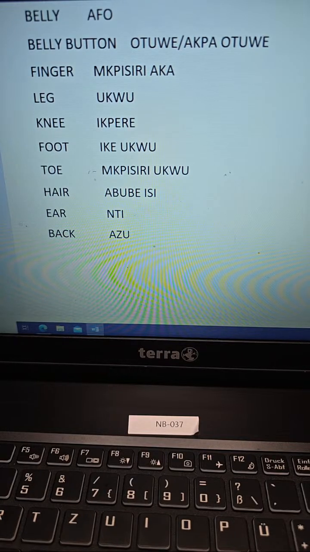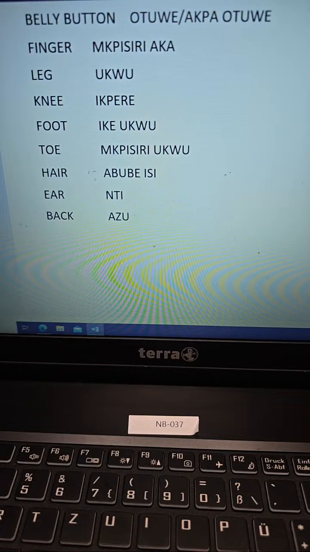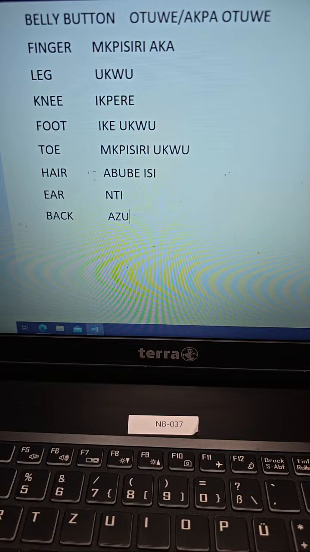Belly, afọ. Belly button, otue or akpa otuo, akpa otue or akpa otube. Finger, mkpịsịrị aka. Leg, ụkwụ. Knee, ikpere.